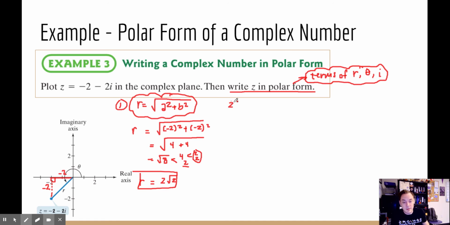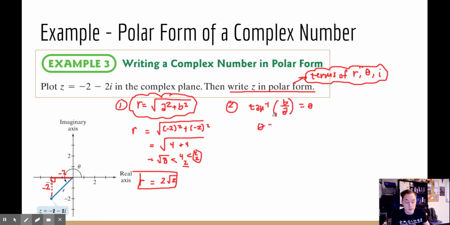My second step now is to find my theta. I don't even know what my theta is. How can I find it? Well, let's use my inverse tangent. So I will use my inverse tangent of, I'm going to switch the definitions here though, b all over a now. Same thing as y all over x, but now I'm just using b all over a. This will equal my theta.